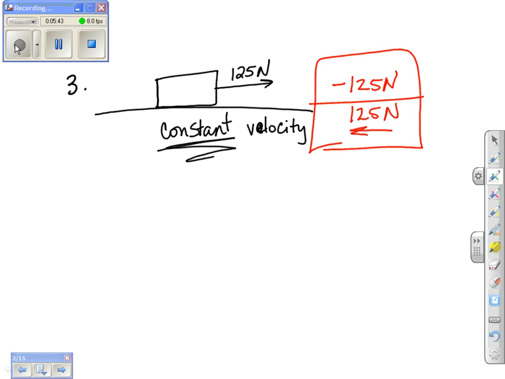Number 4. Calculate the acceleration of a 100 kilogram cart when a force of 600 newtons is applied to the right and the surface of contact is frictionless. Okay, so we've got our nice little cart, and I'm going to put it on wheels.